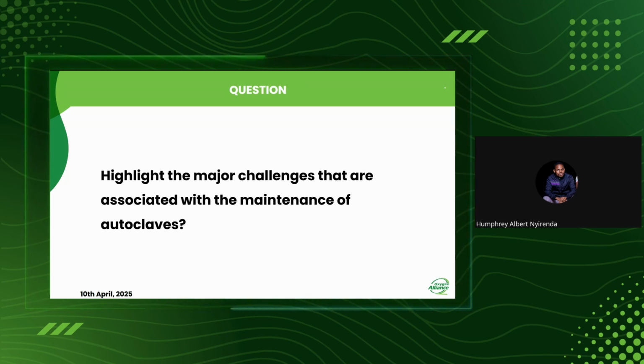And on the part where she says she experienced some shocks, that has to do with the electrical systems, the connection systems. Normally, some autoclaves are powered with three-phase power, where you connect either in delta or star connection.